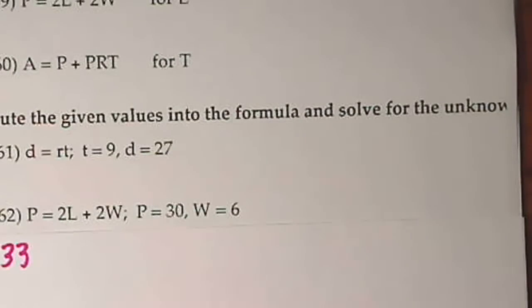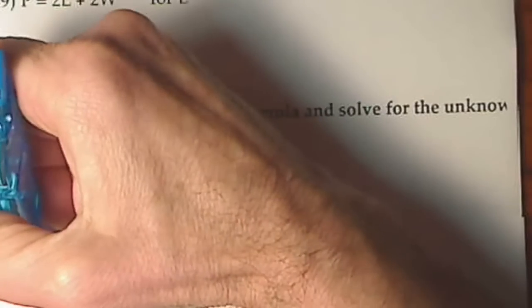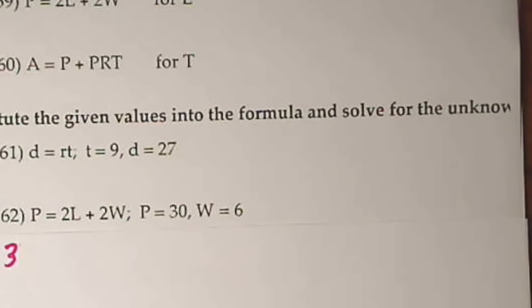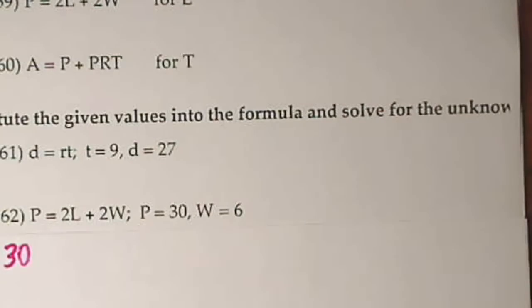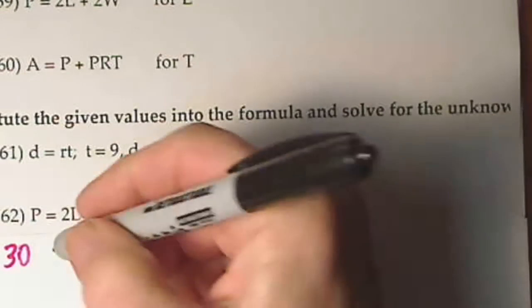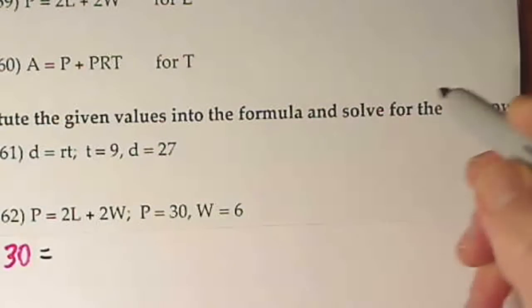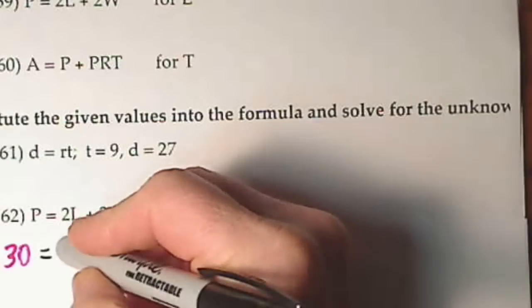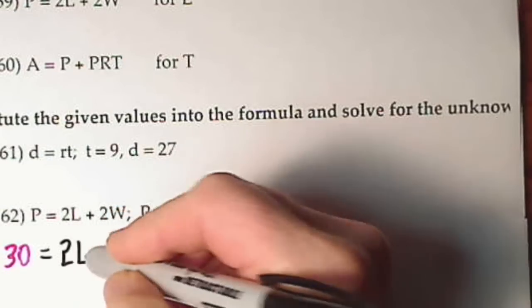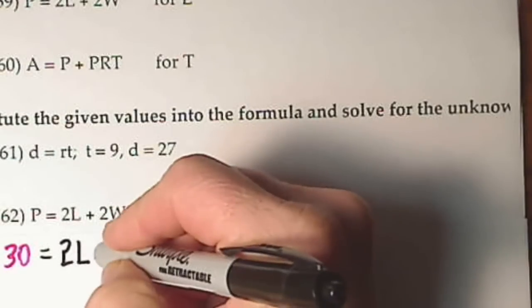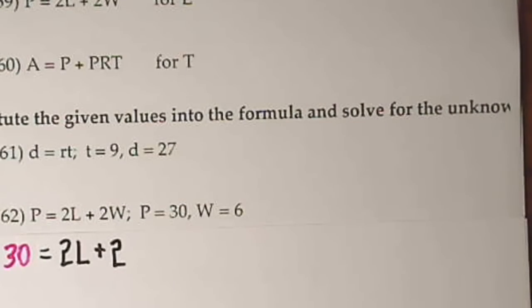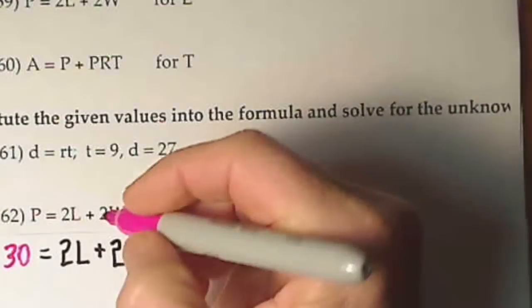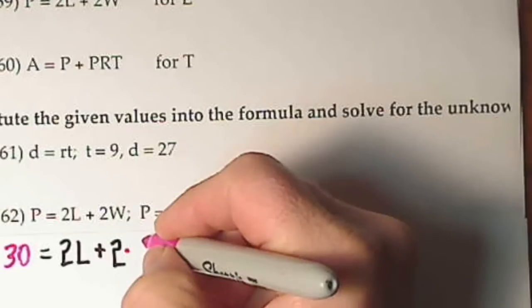Let's clean that up. There we go. 30 equals 2L, they haven't given me L, plus 2, and for W they give us a 6, so I better put times 6.